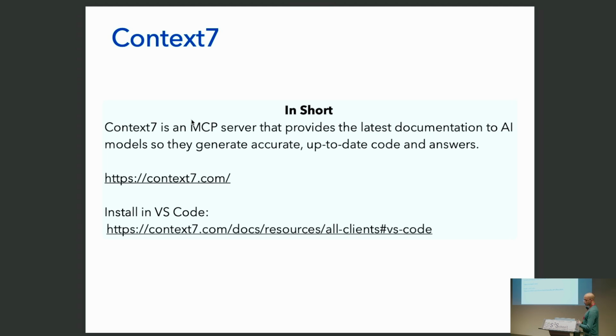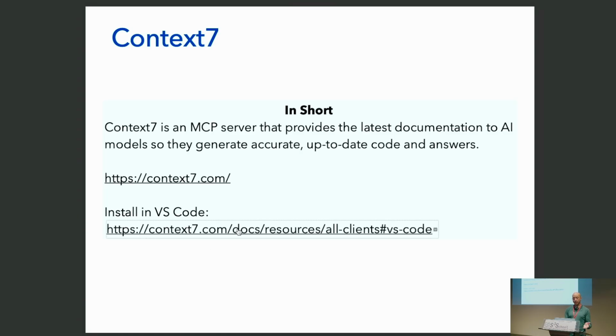One of the benefits is that it will look for the latest API or package version, so that you can have code which is up to date. Sometimes there are packages that are deprecated, and Context 7 can help you update your code, for example. And that's very, very important.